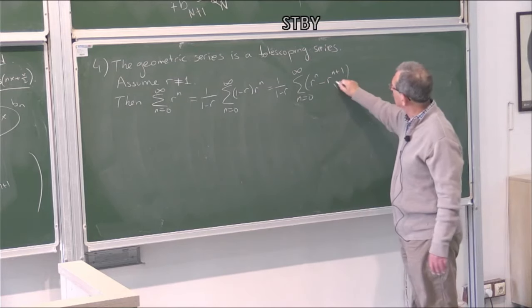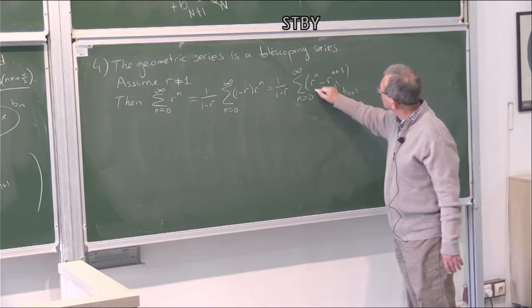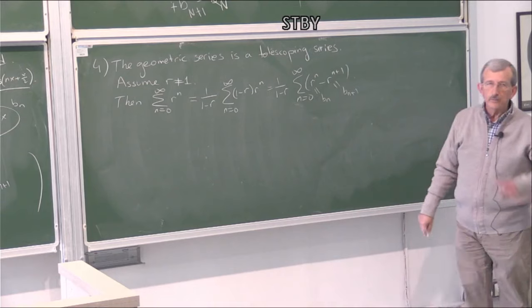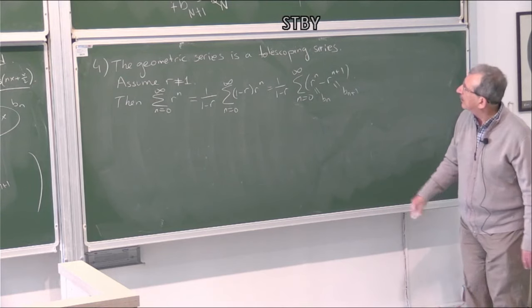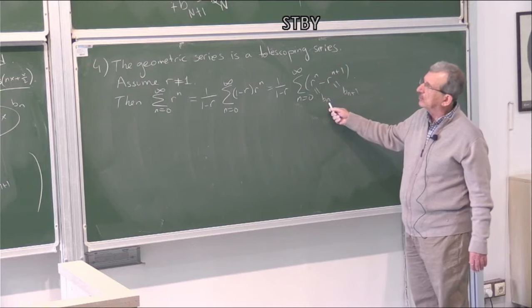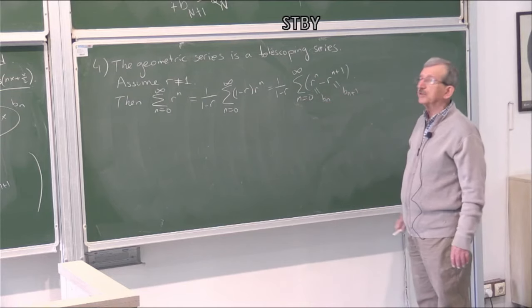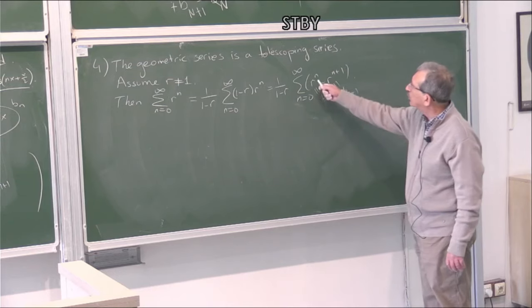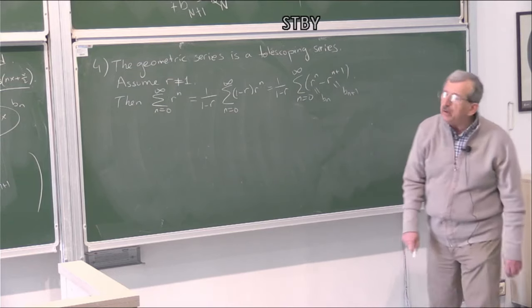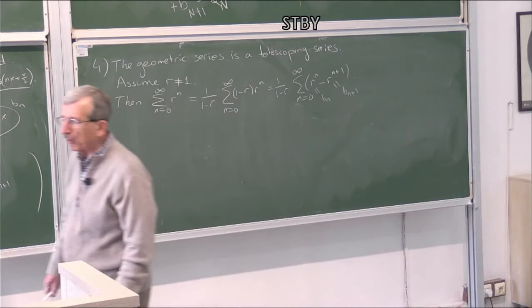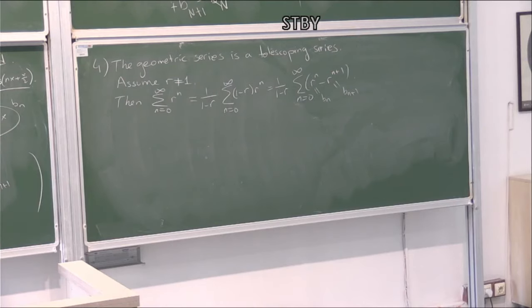This is your Bn plus 1, and this is your Bn. As we did in our analysis, you can check the limit of r to the n to check whether a geometric series is convergent. It will be convergent if and only if absolute r is strictly less than 1, and that, of course, was the conclusion that we had before. But it follows from the telescoping part as well.